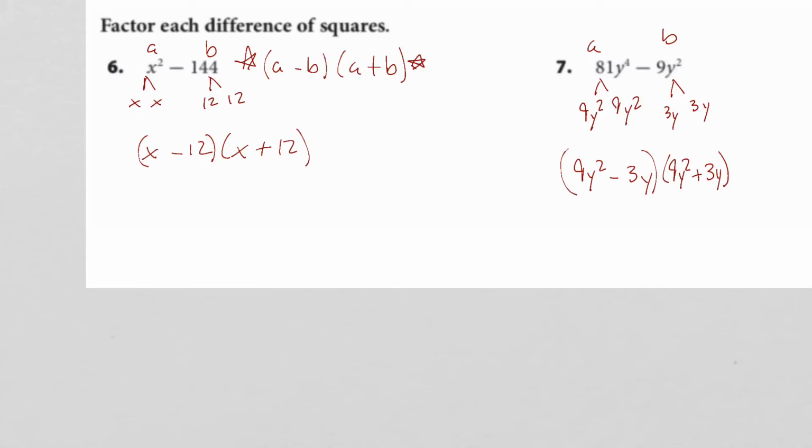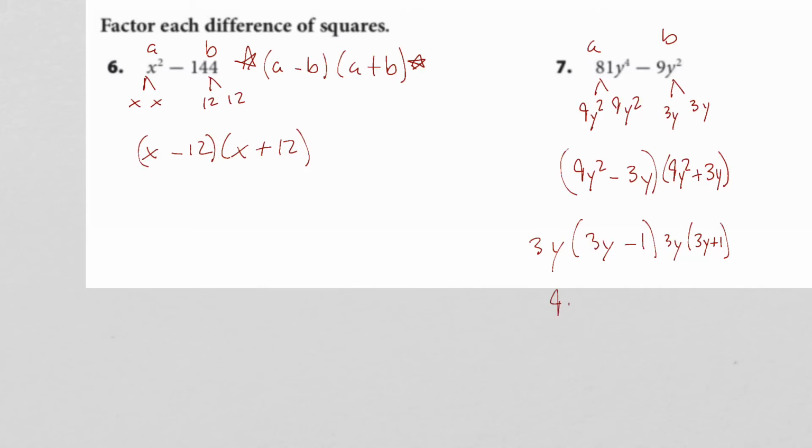Now you could probably take this one step further in the factoring, at least on number 7. But that definitely is the difference of squares. You could factor out a 3y, right? If I pull a 3y out of this one, I'm going to get 3y minus 1, and I could also pull a 3y out of that one, and you'd get 3y plus 1.